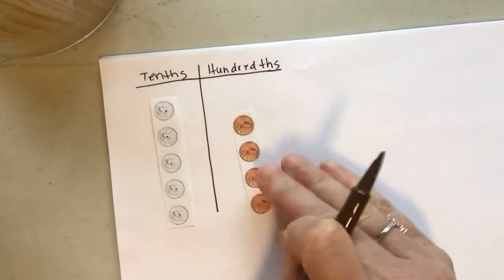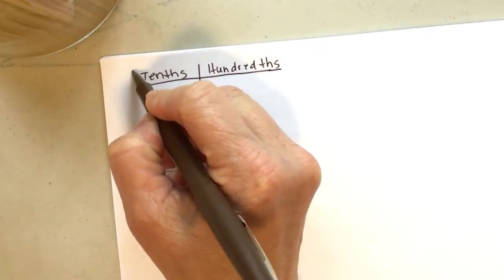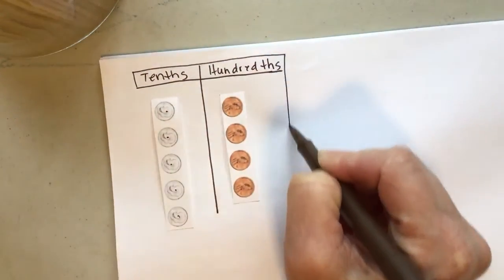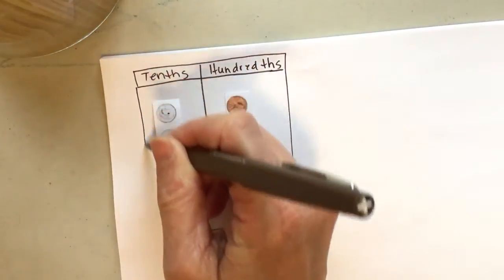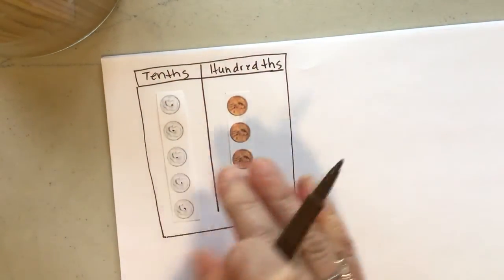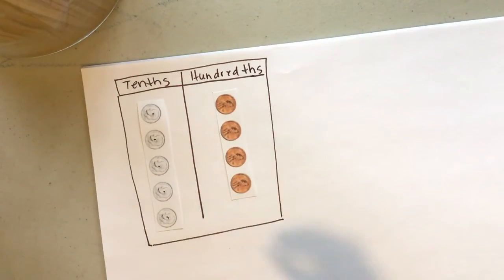And there's my tenths, and there's my hundredths. If you read these directions and thought something completely different, and you do something different, I'm okay with that. All right, so there's our tenths, and there's our hundredths.